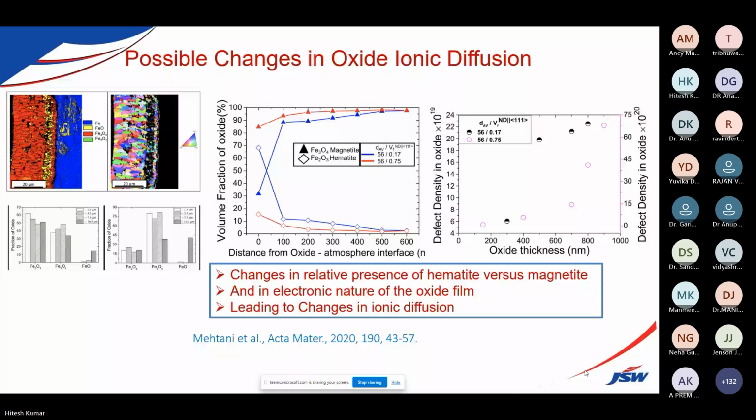Sinter it or make it into a pellet, and then try to find out. Recently one of my papers came out in NECTA also, where we worked in the opposite way, not oxidation, we reduced it. We had Fe2O3 powder, made a pellet of that, and in a hydrogen atmosphere we tried to reduce it, changing Fe2O3 to Fe3O4, then Fe3O4 to FeO.